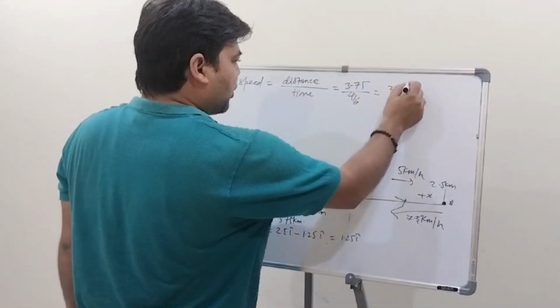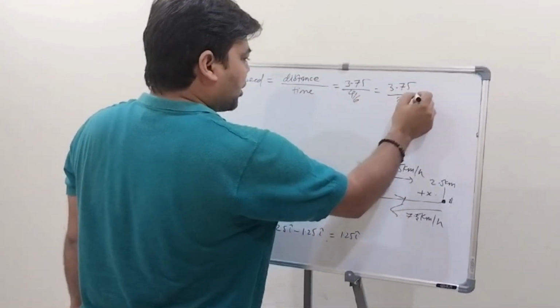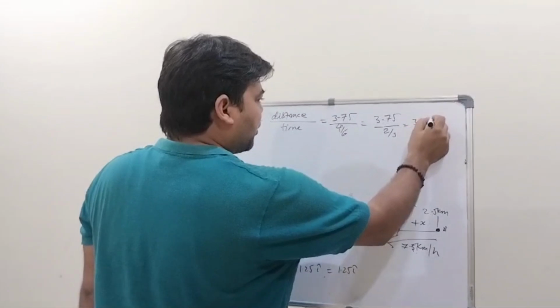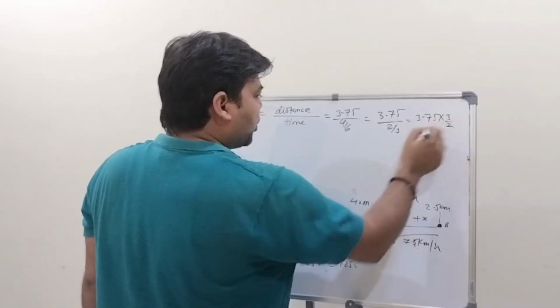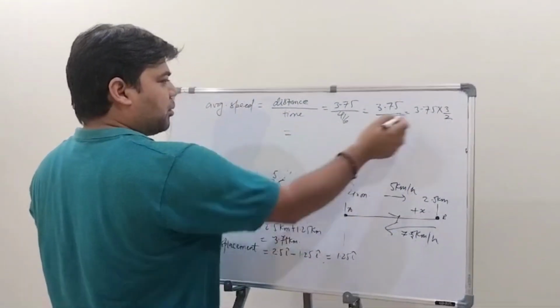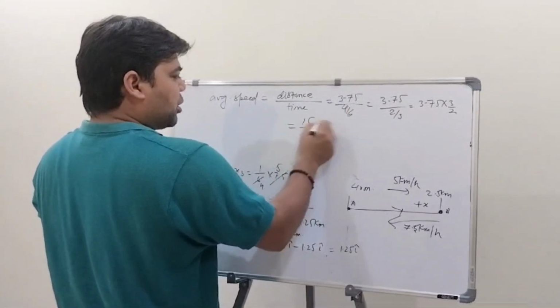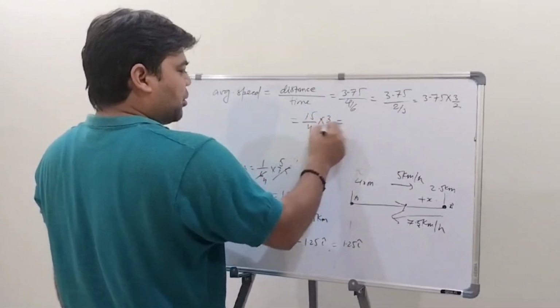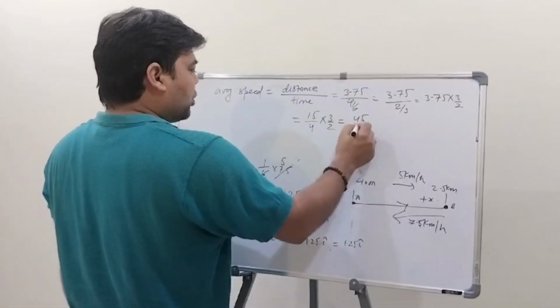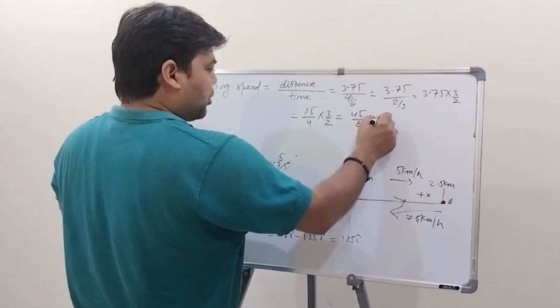So 3.75 divided by 2 by 3. Now just reverse it, giving you 3 by 2. Now 3.75 is nothing but 15 by 4 multiplied by 3 by 2. So just multiply it, 15 times 3 is 45, divided by 8. So this is your average speed, kilometer per hour.